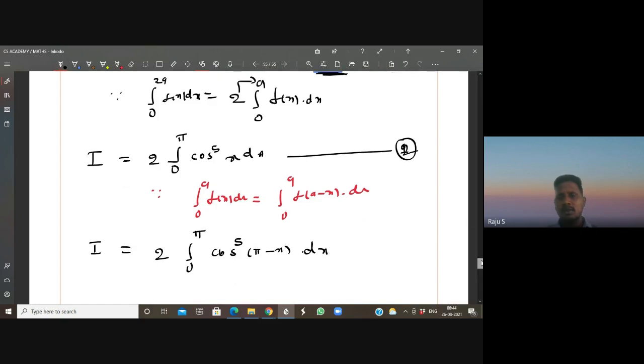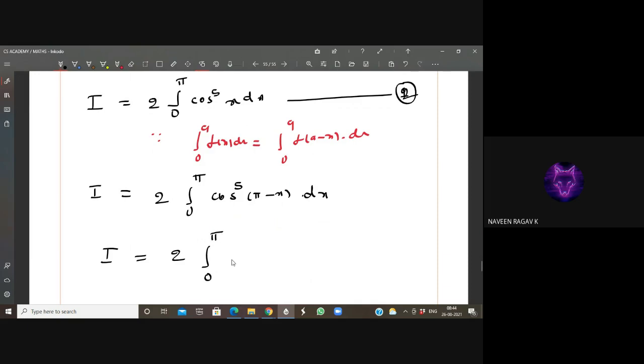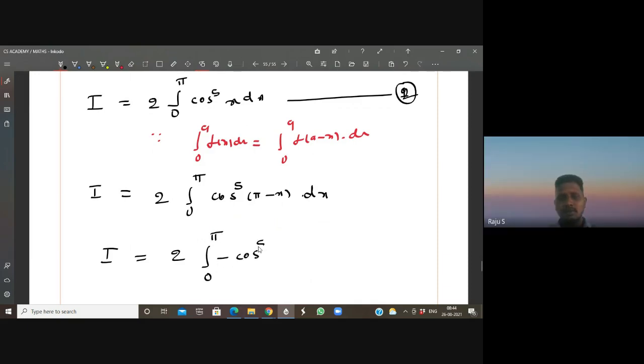Anyone can say the value of cos to the power of 5 of (pi minus x), students? What about this value? Minus cos power 5 x. Exactly, minus cos power 5 of (pi minus x). Because cos of 180 minus x is minus cos x, but all to the power of 5 will be there.